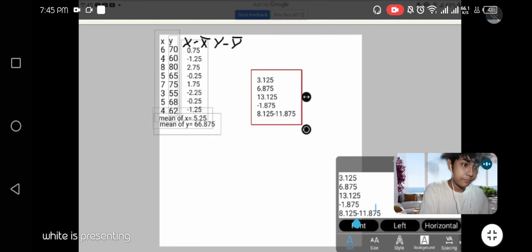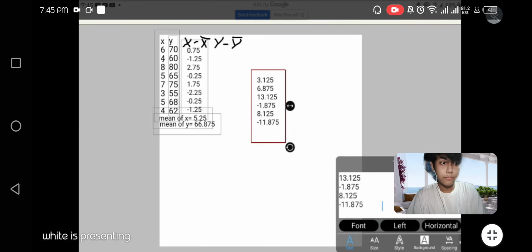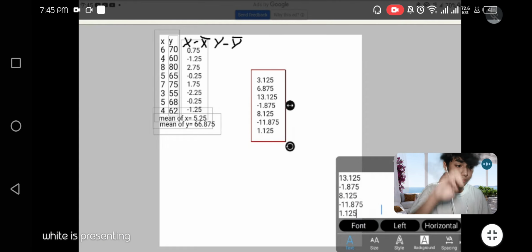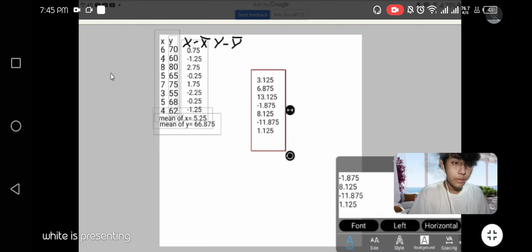Ayan. And then next is 68. 1.125. Next is 62.